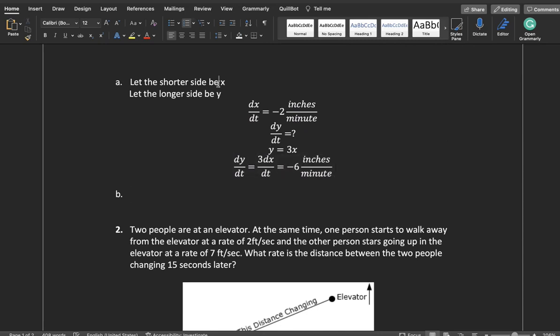We've already defined the shorter side and the longer side.